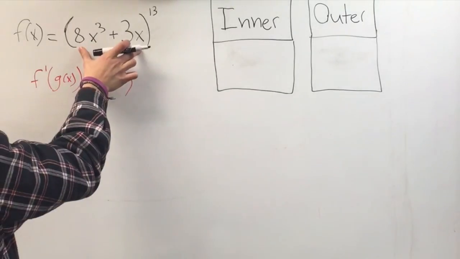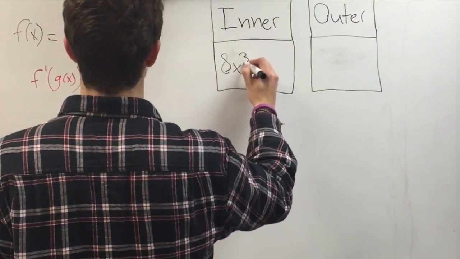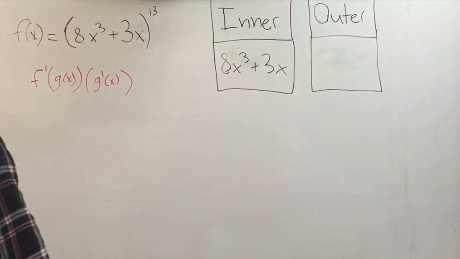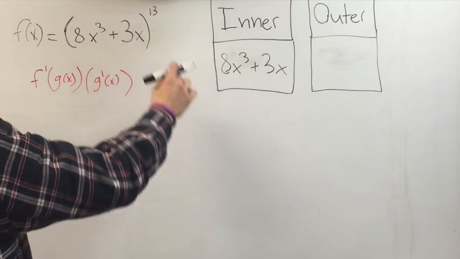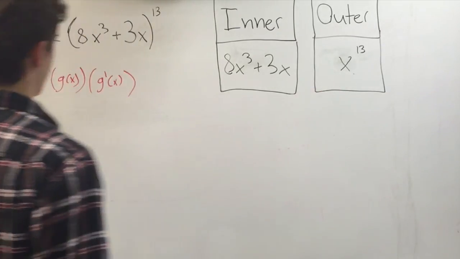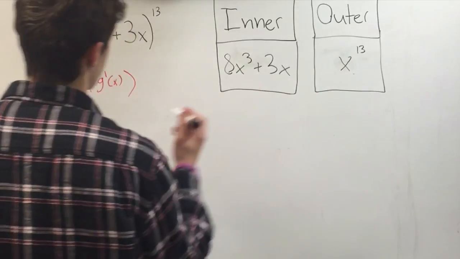As we know, inside the parentheses we have 8x cubed plus 3x. And then on the outside of the parentheses we have x raised to the 13th power. So since we know from our chain rule, we just take the derivative of the entire function.